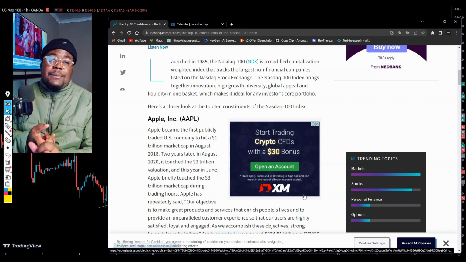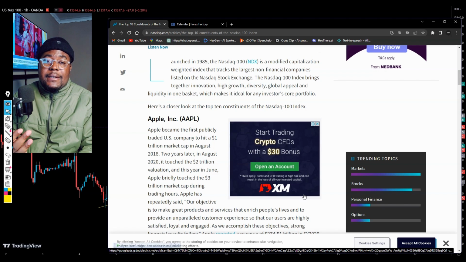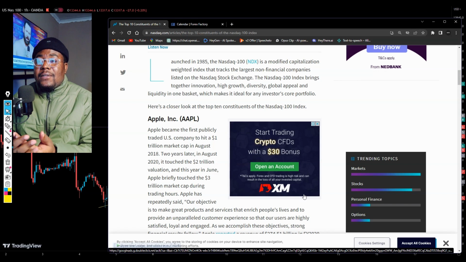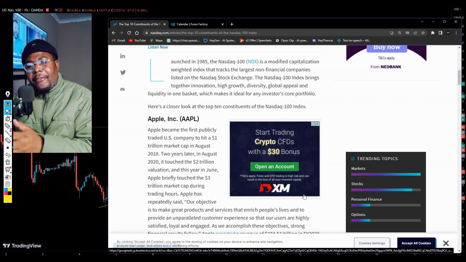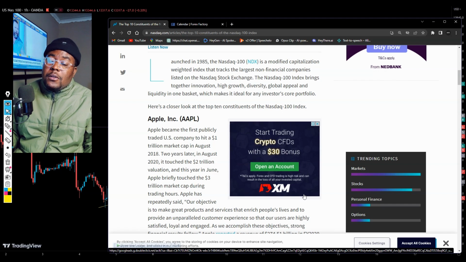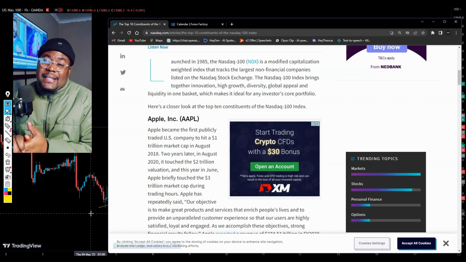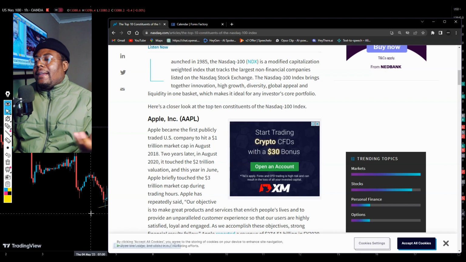That's something that is going to boost NASDAQ, whether positively or negatively. We're going to see it push to the upside or to the downside when they release their results, if they performed very well or not. We know that it's 100 companies, but not every company in there really matters that much.